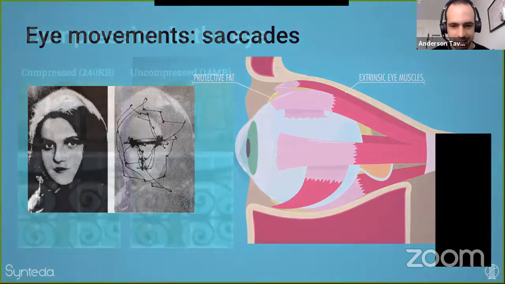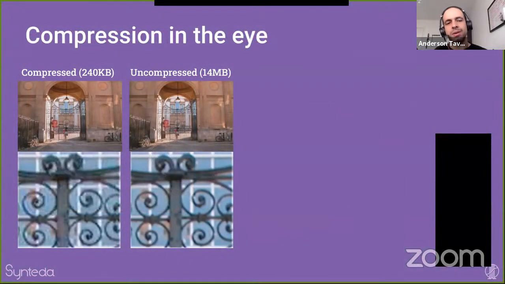Okay, let's continue. One thing that we can think of is that we have 130 million cones and rods. So if we connect all the cones and rods to the brain, we have 130 million cables, or optical nerves. This is a lot.